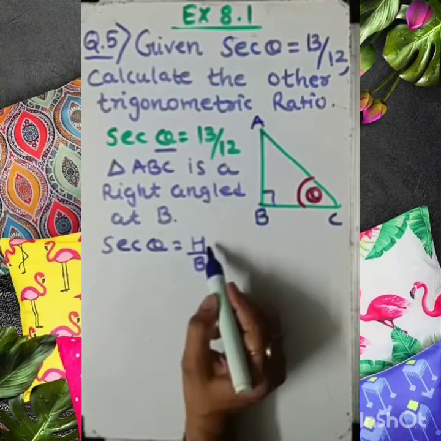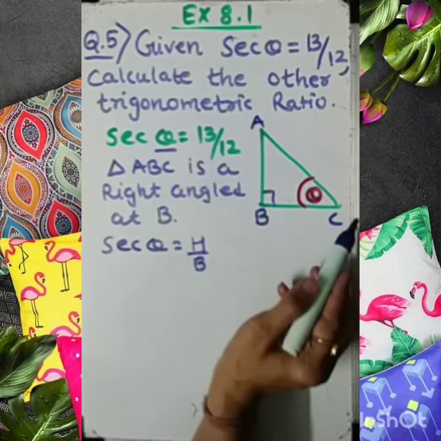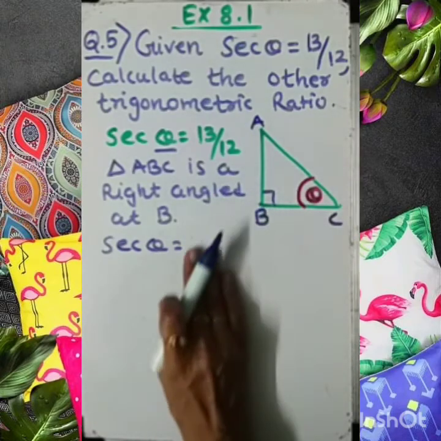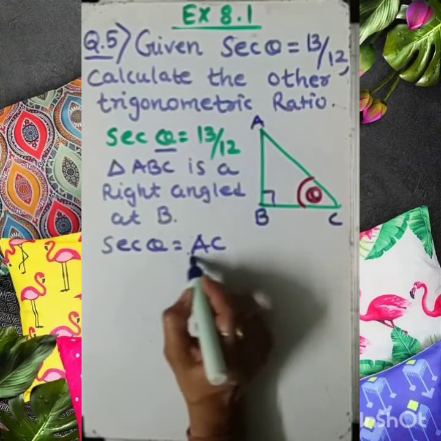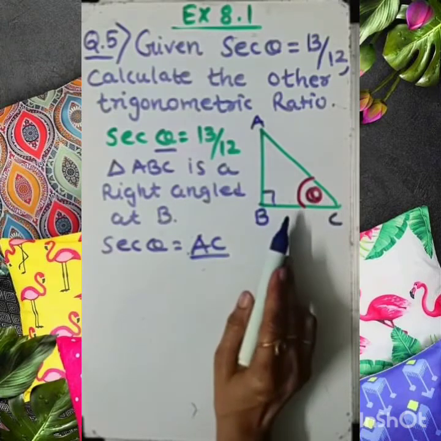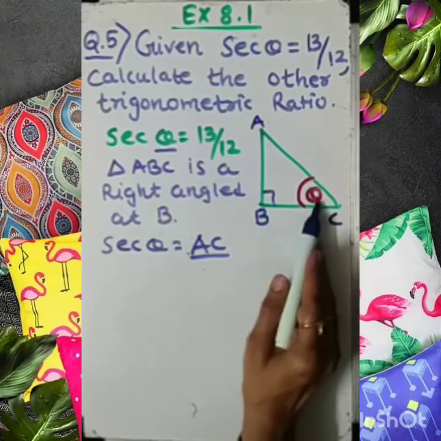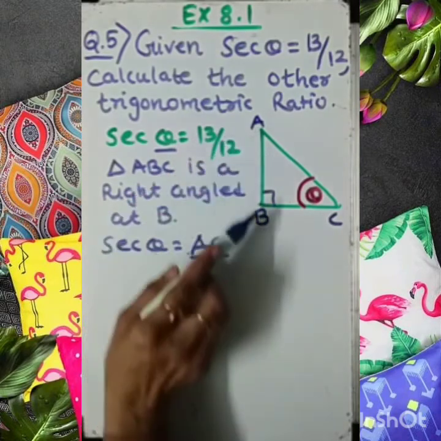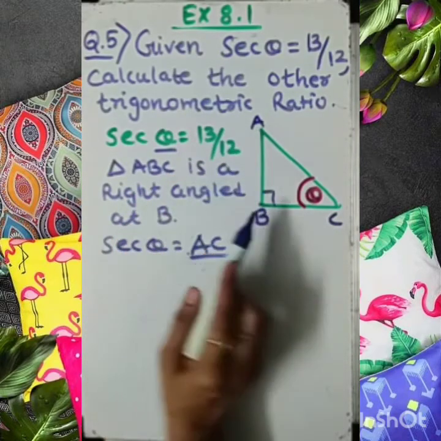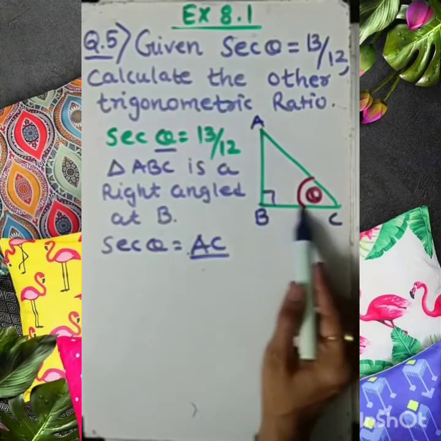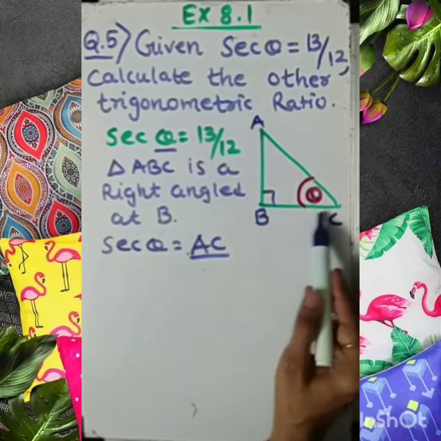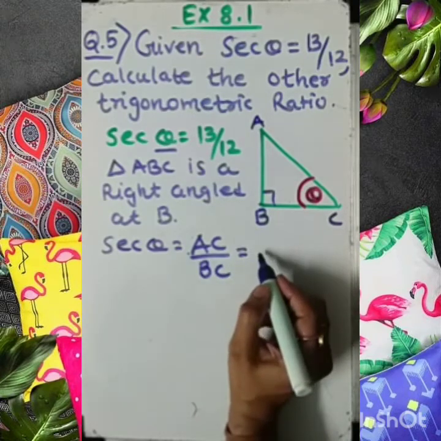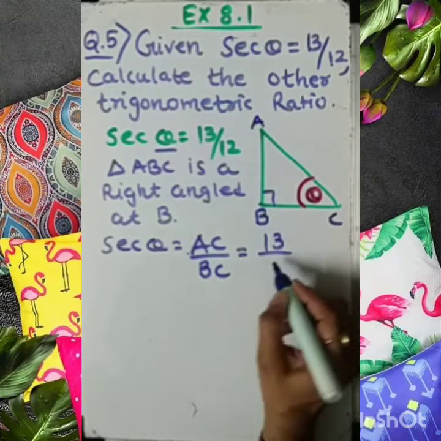According to this theta, the hypotenuse, of course, will be AC. What about perpendicular and base? For this theta, the base will be BC and AB will be the perpendicular. Please keep this in mind: the adjacent side will be considered as the base. So AC upon BC, according to this, will be 13 by 12.